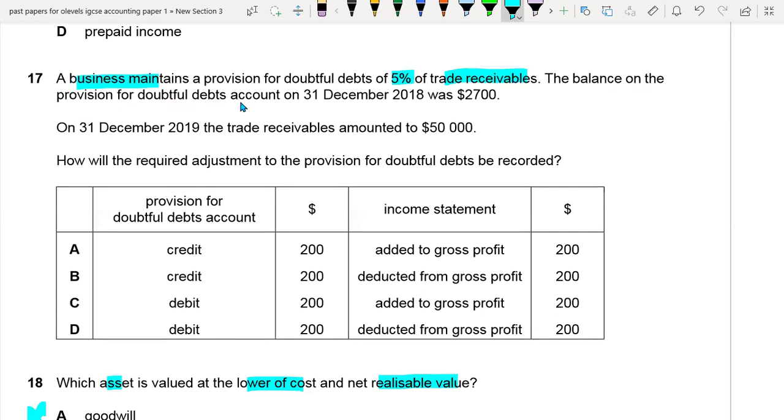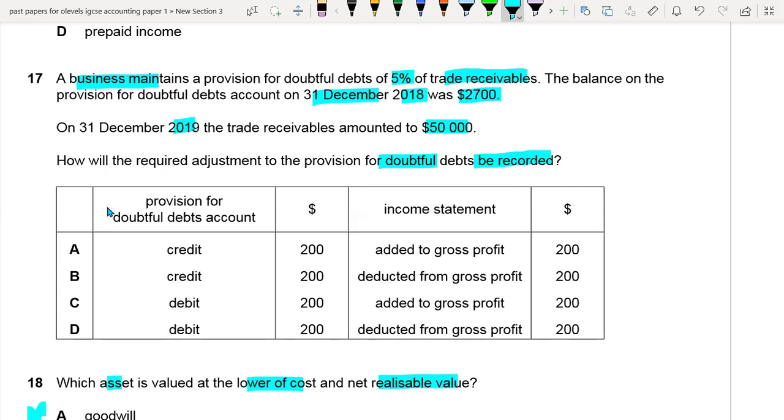Balance on the provision for doubtful debts account on 31st December 2018 was 2700. So this is a provision for the last year. On 31st December 2019, trade receivables amounted to 50,000. How will the required adjustment to the provision for doubtful debts be recorded?